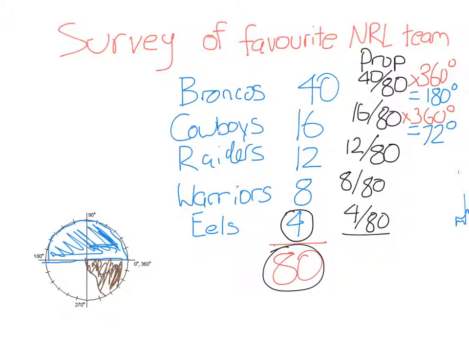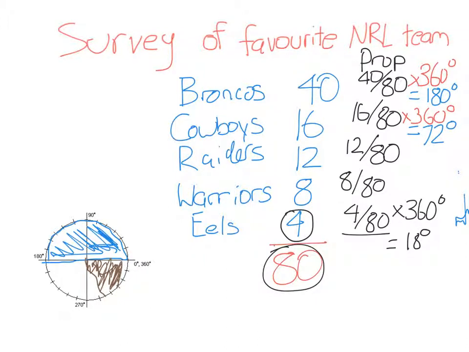I'm not going to get my protractor out and take marks off if your angle's 72.5 instead of 72. Close enough's good enough, but just make it look right. Okay, so we do the same for all the others. If I wanted to figure out the Eels, I want to figure out the area of that sector, I'd just go 4 over 80 times 360 degrees, and what I actually get is 18 degrees, okay?